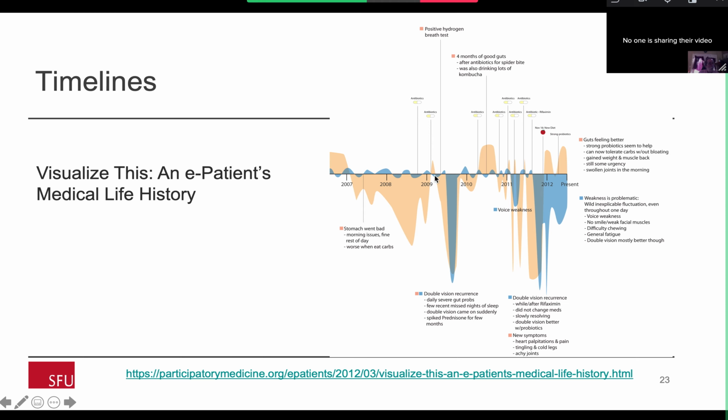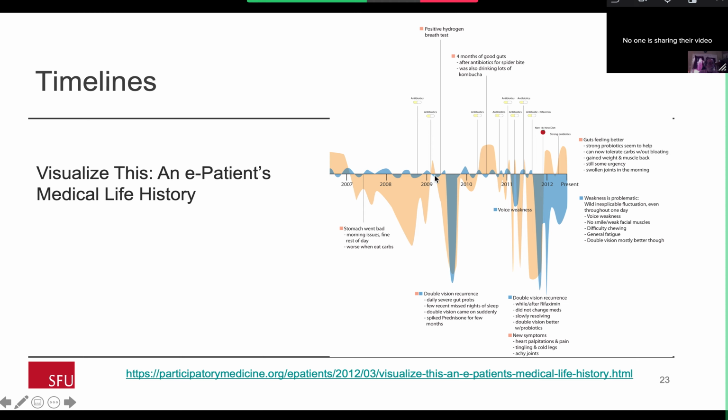And so there's plotting of this kind of stuff on the timeline. The reason why it can be valuable is to get an assessment of how interventions are affecting the symptoms. And the plotting of the timeline is useful, so you can get a retrospective view of what's going on with the patient's symptoms.